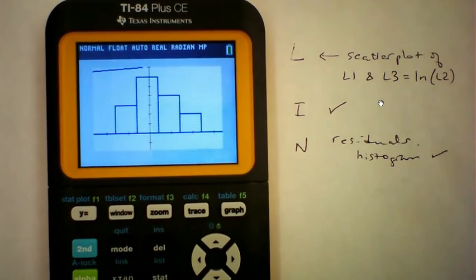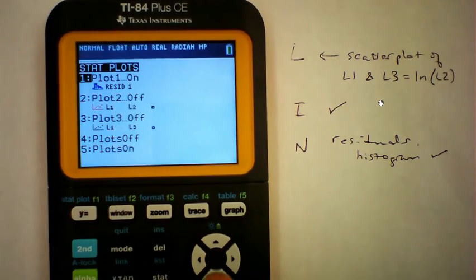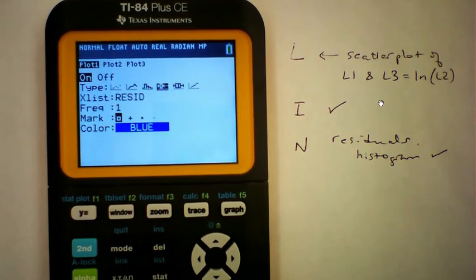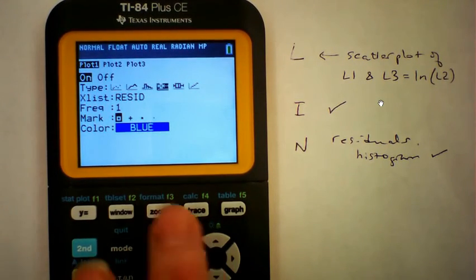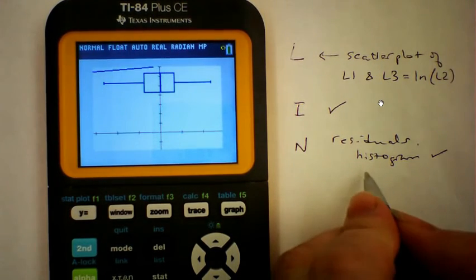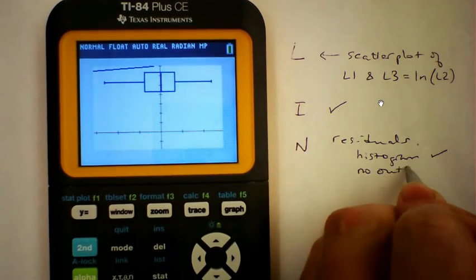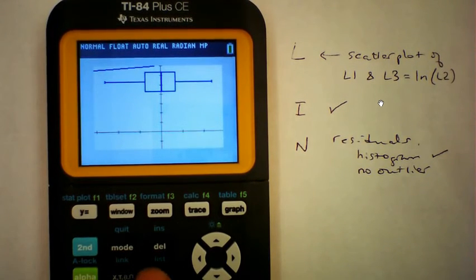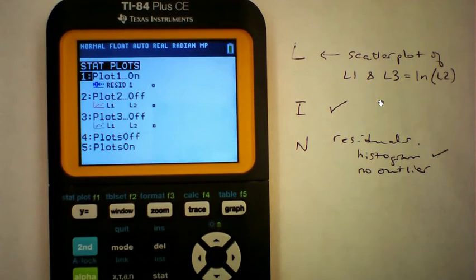Now let's do a box plot just to make sure that there are no outliers, because that would be a problem. Okay, so I've got the box plot selected, ZOOM 9, no outliers. Now the normal probability plot, which actually is probably more powerful anyway. Normal probability plot for the residuals.